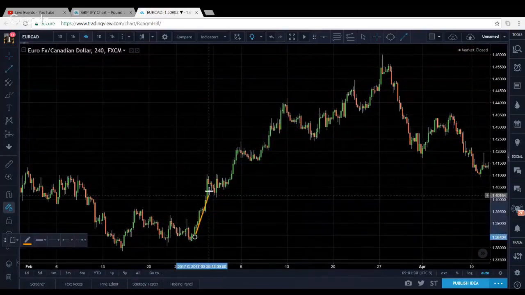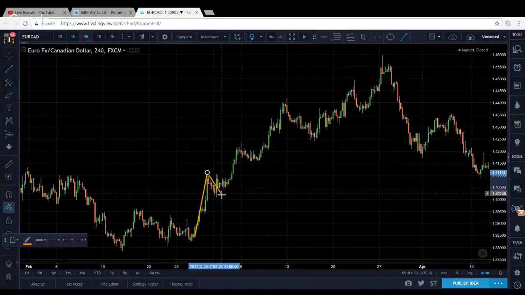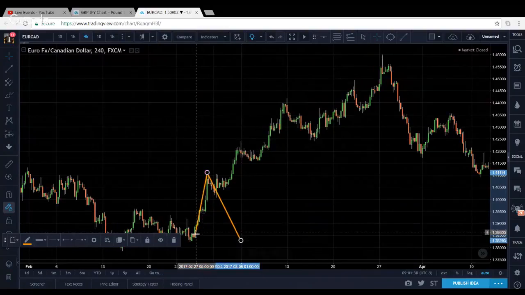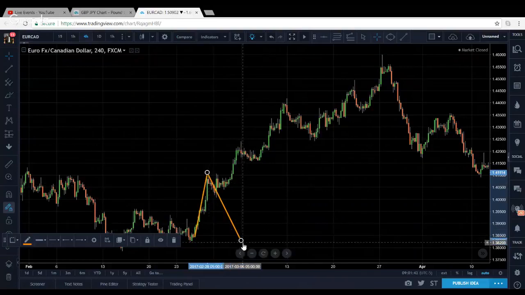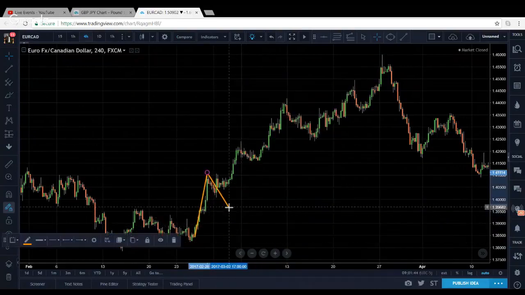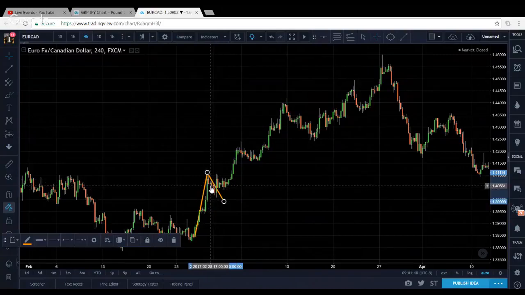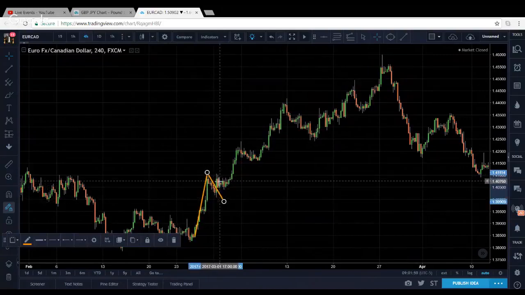So this was your impulsive move up. This was your flag. So if price kept dropping and pulled all the way back down here, then the flag is null and void, right? So that's why you don't get into a trade until the breakout happens. So once you see this bullish candlestick, that's why I love the engulfing candlestick, because it's letting you know that this is the direction price is going to go.